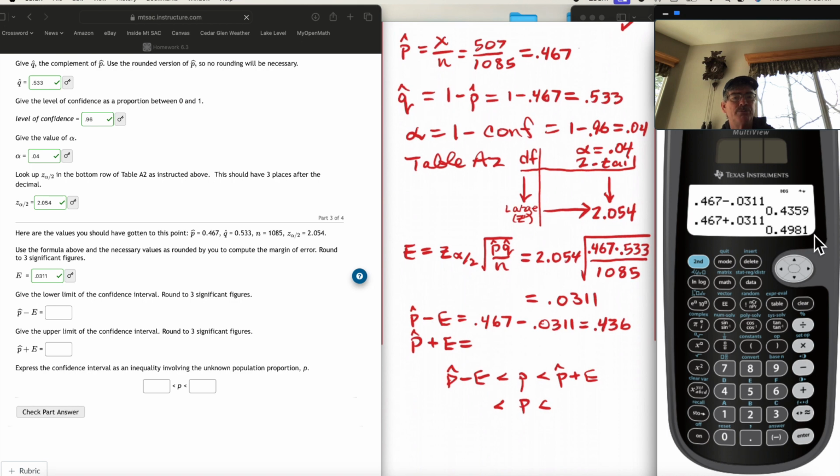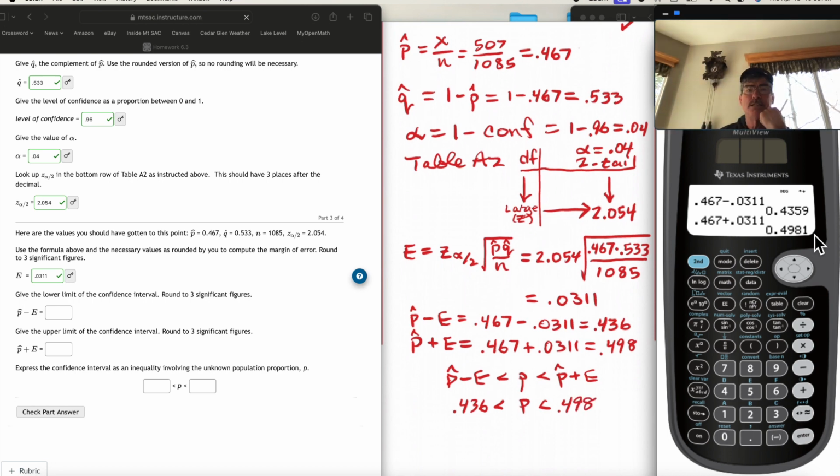So here we'll say 0.498, with 3 significant figures. Okay, so those are the lower limit and upper limit. We'll say that p is between 0.436 and 0.498.